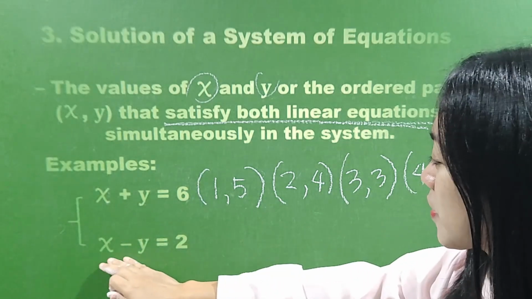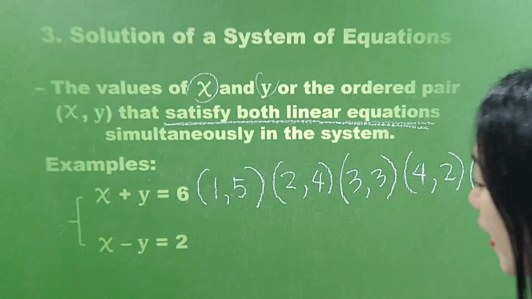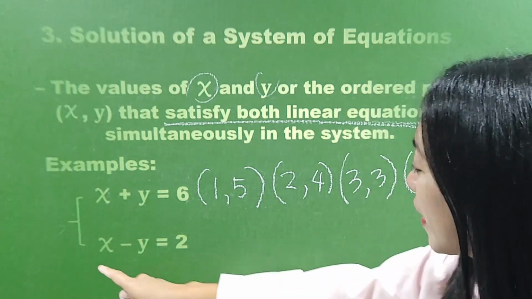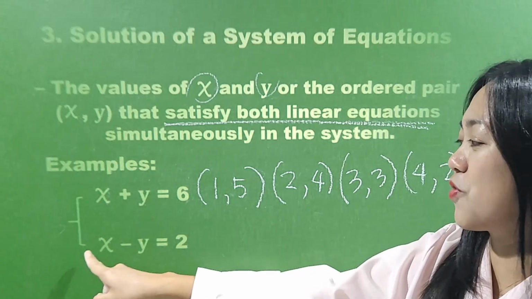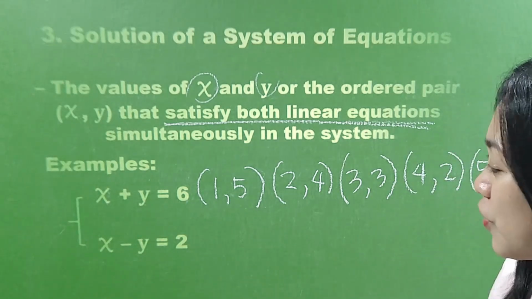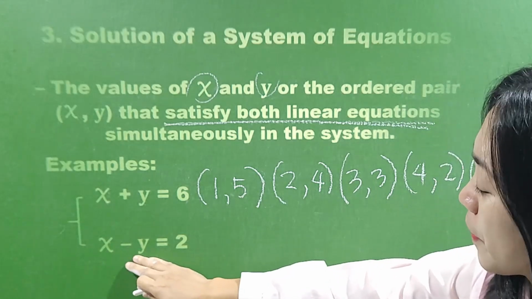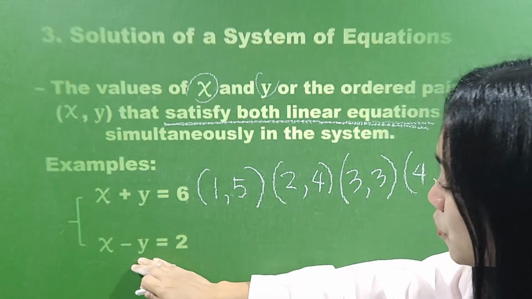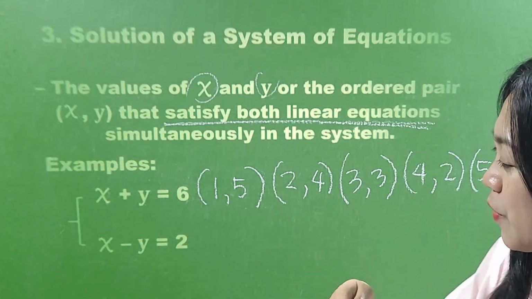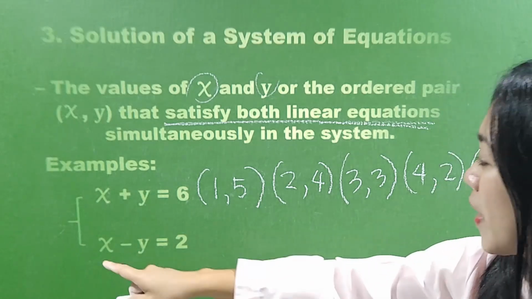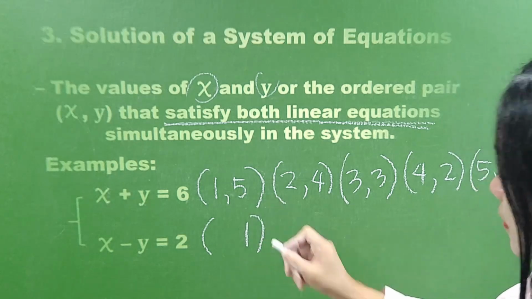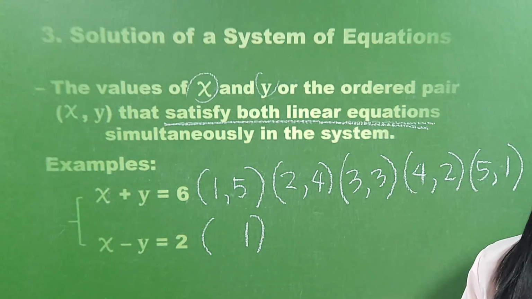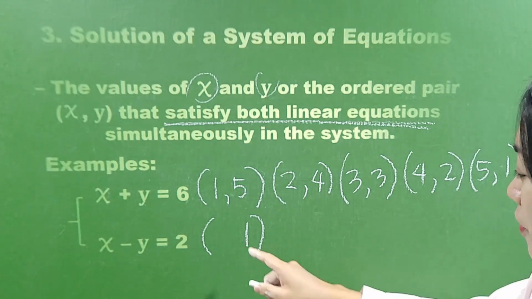What about for x minus y is equal to 2? Since this is subtraction, there are actually a lot of values that we can substitute to x. To make this simpler, we will be substituting smaller values to y so we can find x. Let's start with 1, because take note, we are looking for natural numbers.